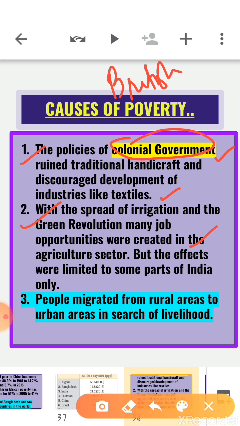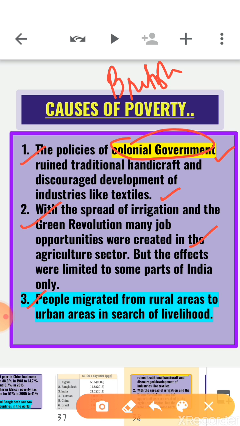Unable to find proper jobs in the cities, many people started working as rickshaw pullers, vendors, construction workers, domestic servants, etc. Now, next, people migrated from rural areas to urban areas in search of livelihood with irregular small incomes.